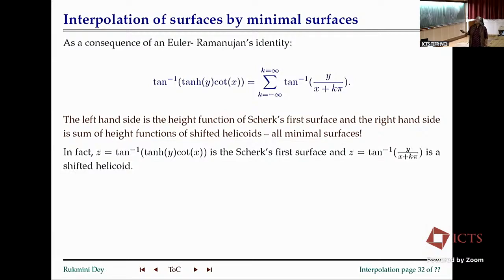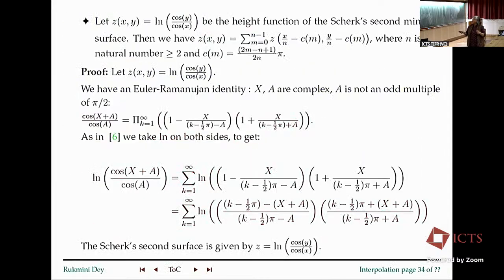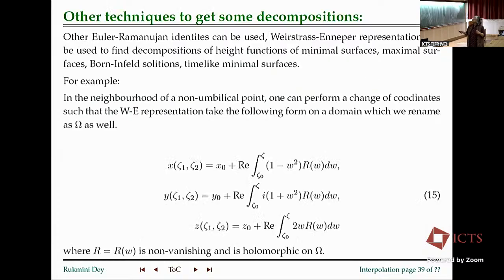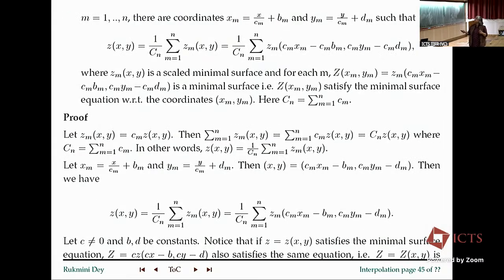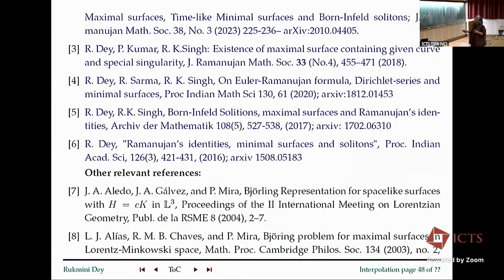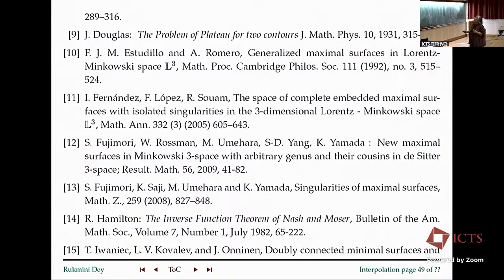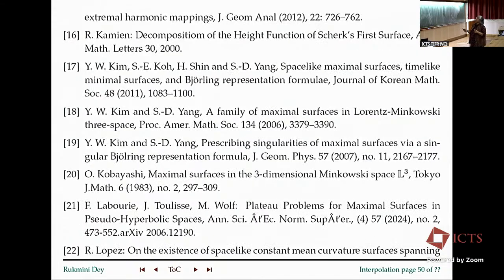So they actually do it in a whole plane, put the helicoids like that, and when you add them, you get, maybe you can take a look. I didn't put a reference to the first one; I put a reference to a second paper of his, on decomposition of height functions of Scherk's first surface. So this is not the one which has that.